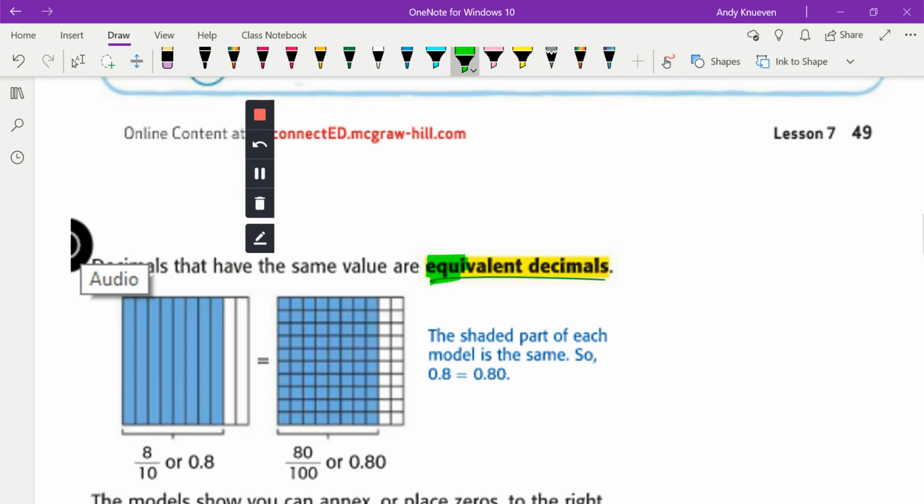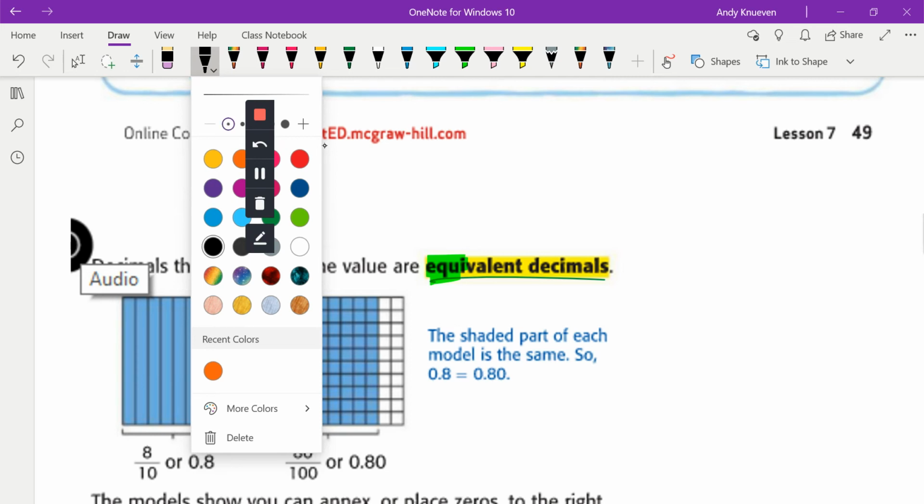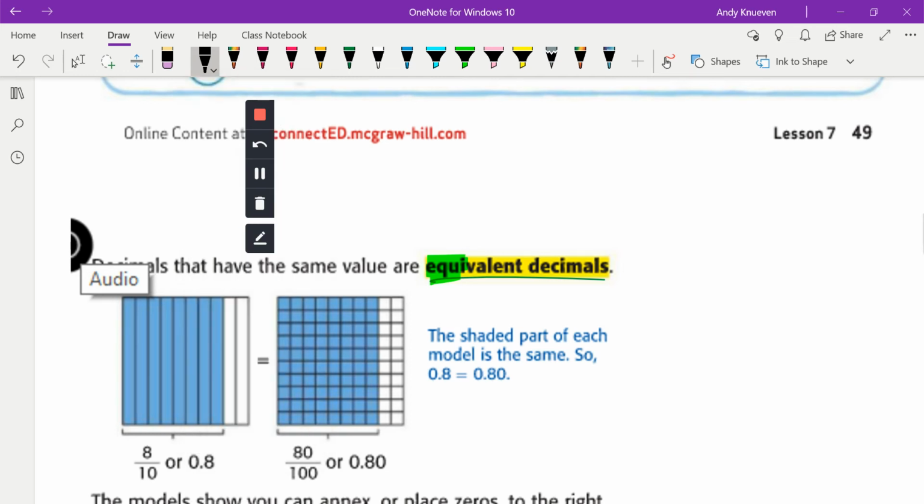If it's hard to compare the 8 tenths and the 80 hundredths, we could add in lines to see the difference, or to see how it would match up. We'd have lines that go across, and if I match them up ever so carefully here, we can see how we have the same amount of blocks shaded in.